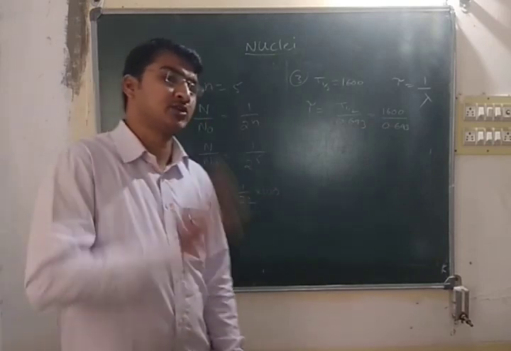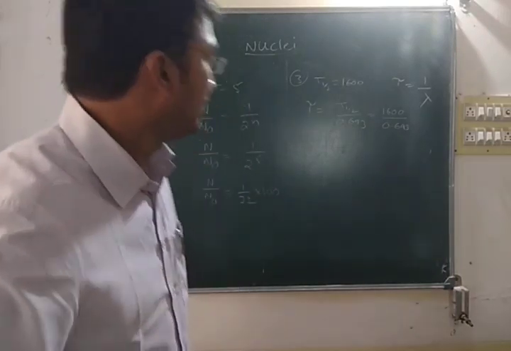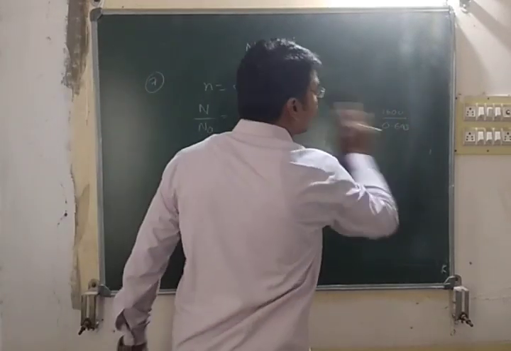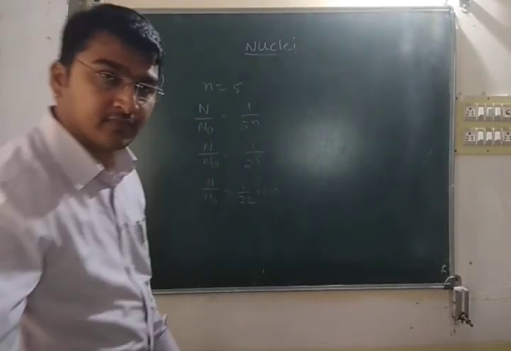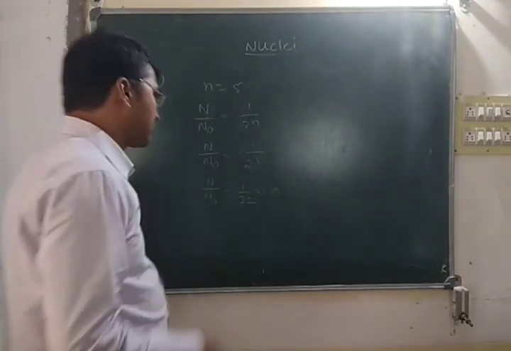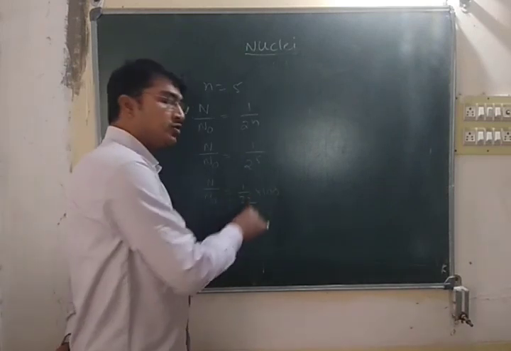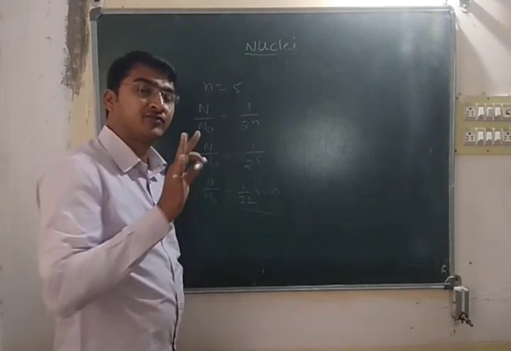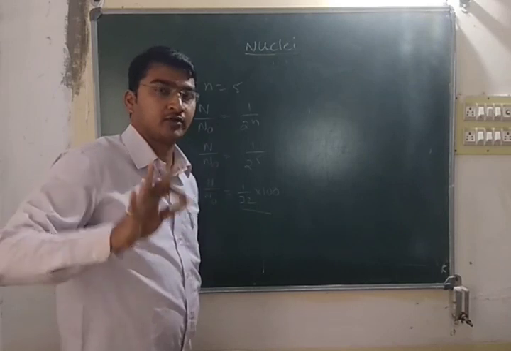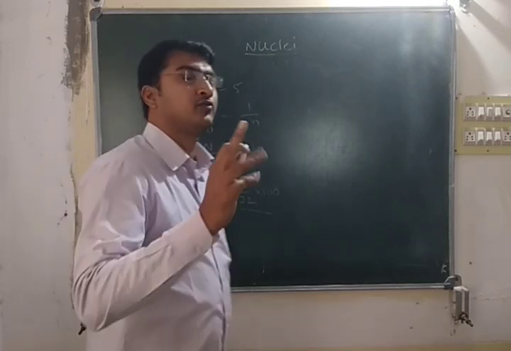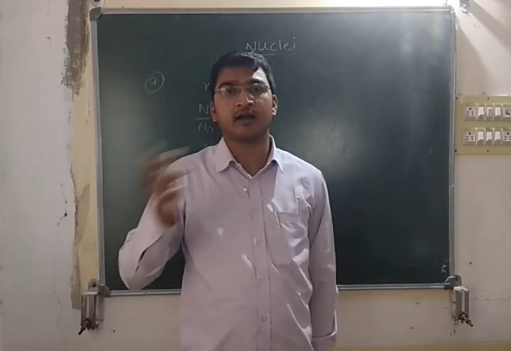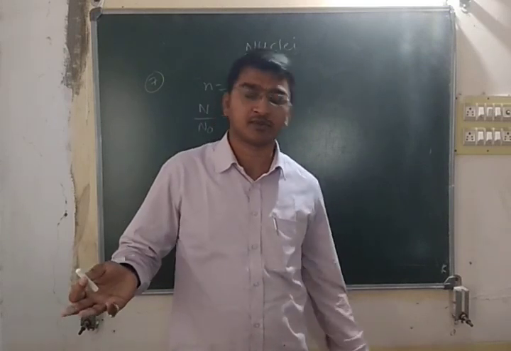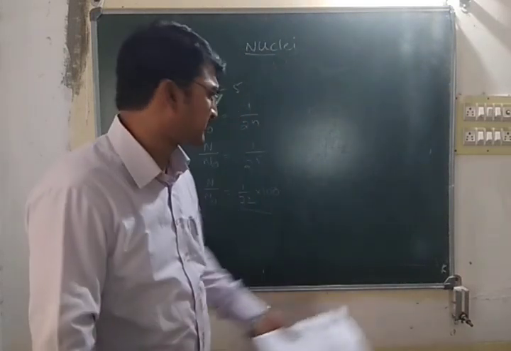If the same question asks how much percentage has decayed, there is one method. What you got here is the leftover percentage of nuclei, 3.125. The total percentage is 100, so 100 minus 3.125. You can get it that way, 96 point something.